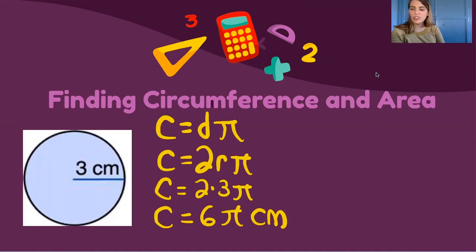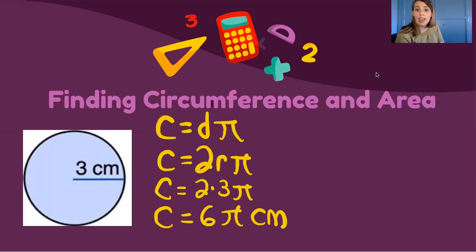Most of the time, the questions are going to ask you to keep it in terms of pi. That means instead of multiplying 6 times 3.14, we're going to keep the pi as a symbol because that's going to give us the most exact answer. But other times, if it's asking for a value and tells you to round a decimal, then you would go ahead and multiply times that pi value and figure out what the answer would be rounded.